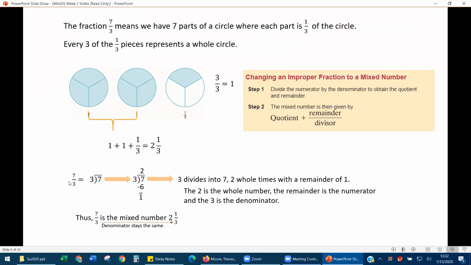So 7/3, 3 goes into 7 twice. 2 times 3 is 6. We subtract, we have 1 left over. So our mixed number is going to be 2 whole units, then 1 out of the 3 left. So the top number is your whole number, the remainder is your numerator, and again, the denominator does not change, right? Our denominator was 3 to begin with, and it's 3 at the end.